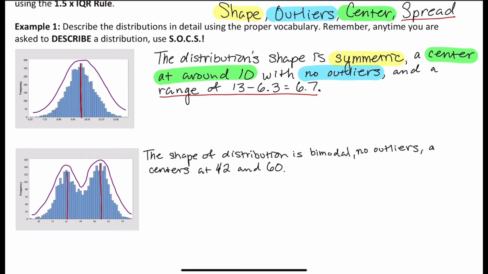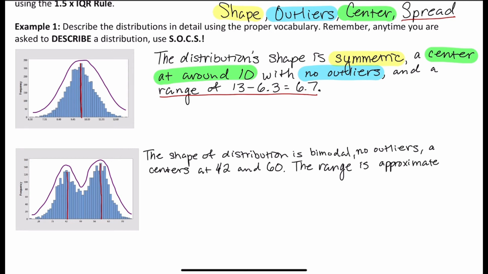And all that's left is the range. So again, we don't have the actual data points, so it's very hard to determine what these actual numbers are, but we can approximate.